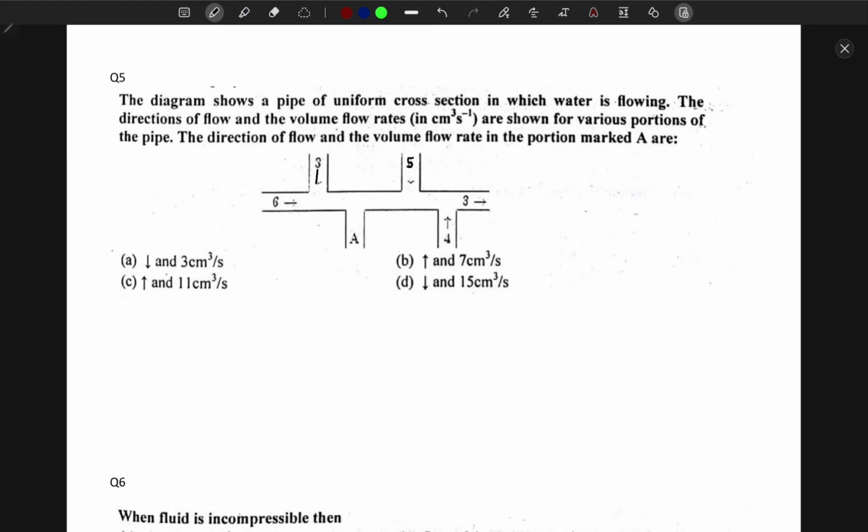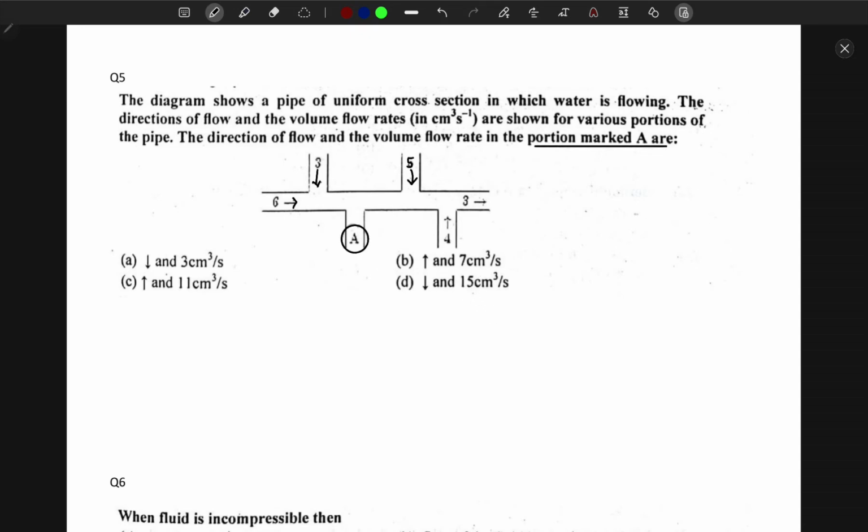So these are not clear, let me just make them clear. So here it's this direction, here it's this direction, and so on. So that's given. Now volume flow rates are also given. That just means how much volume is flowing inside per unit time. Now we need the direction of flow and the volume flow rate in the portion marked A. So what is A?